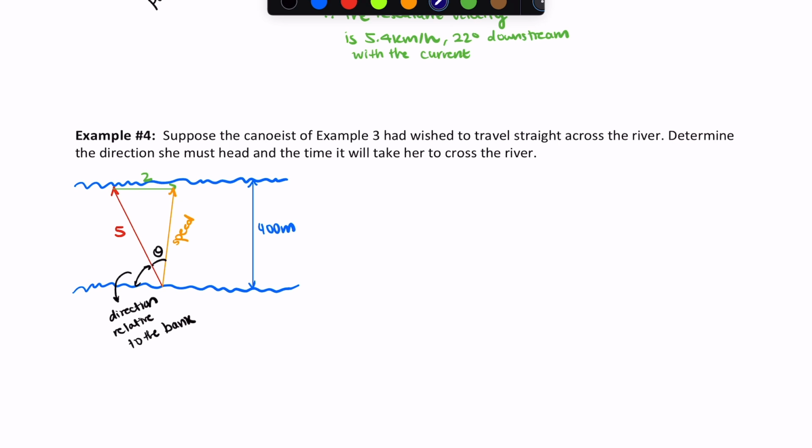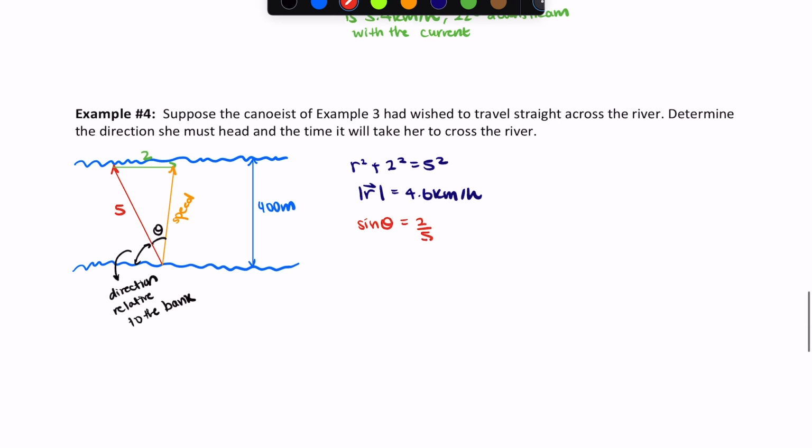Here we have r squared plus 2 squared is equal to 5 squared. And so here the resultant vector is equal to 4.6 kilometers per hour, our speed there. And if we find our direction, here we can use sine theta is equal to 2 over 5, and theta will be equal to 24 degrees.